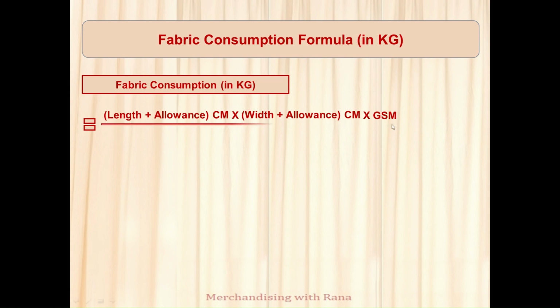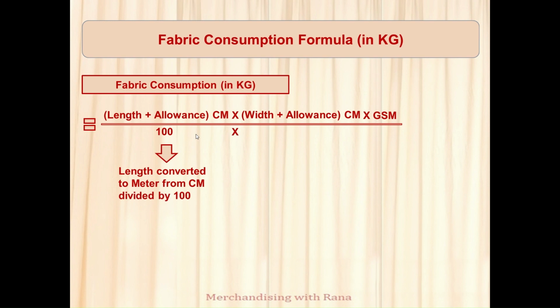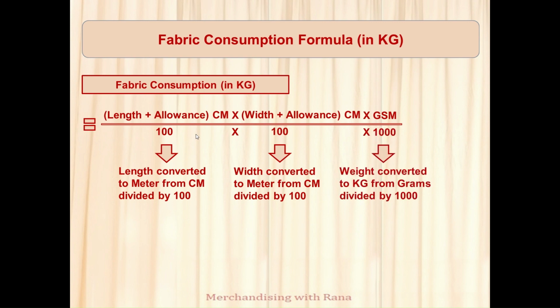Now I need to divide length by 100, to convert it from cm to meter. Similarly, I need to divide width by 100 to convert it from cm to meter. And GSM, I need to divide by 1000 to convert from grams to kg. And wastage percentage I need to add here.